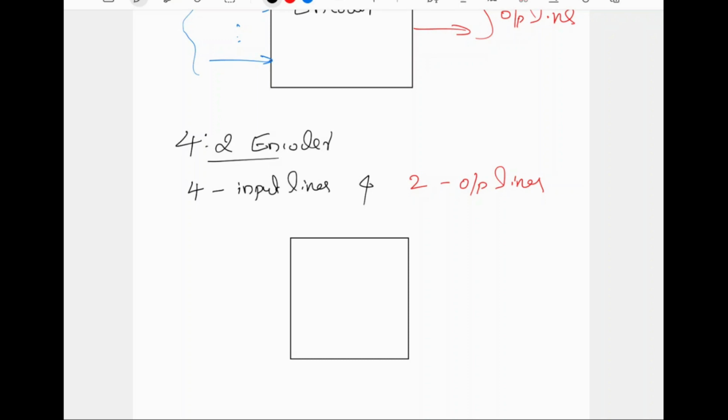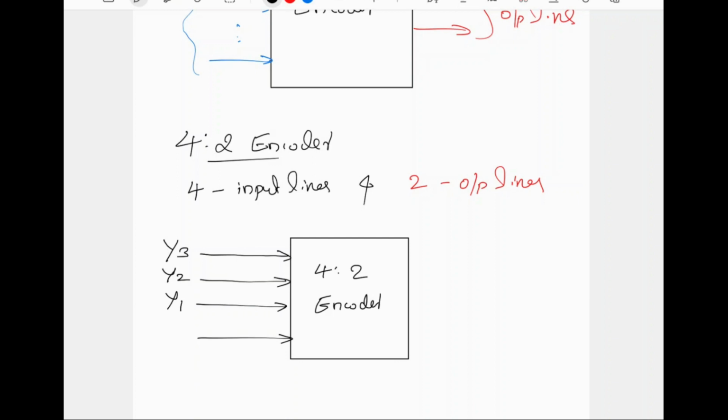So we have 4 inputs. Let the 4 inputs be y3, y2, y1 and y0. And we have 2 output lines. Let it be A1 and A0.